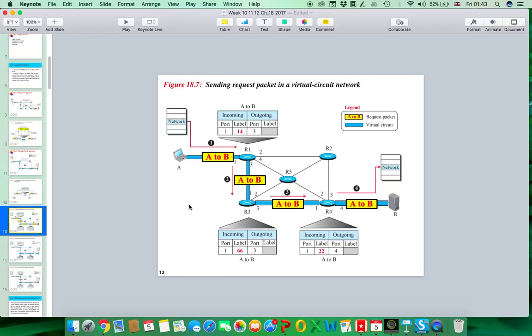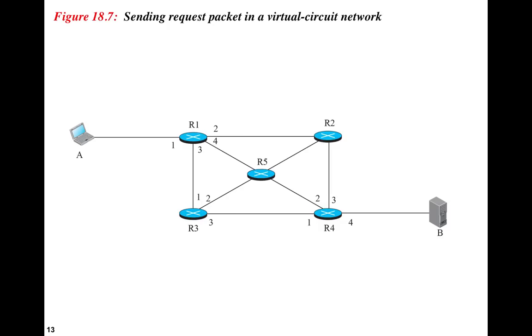Now, this figure shows us how we're going to establish the virtual circuit. I'm going to play this in full screen mode. In the process of making the virtual circuit, we first send a request packet.